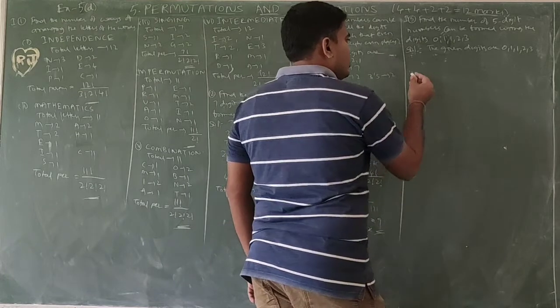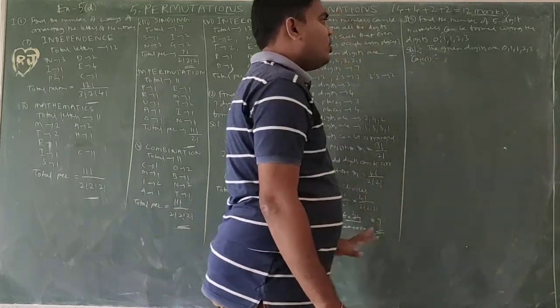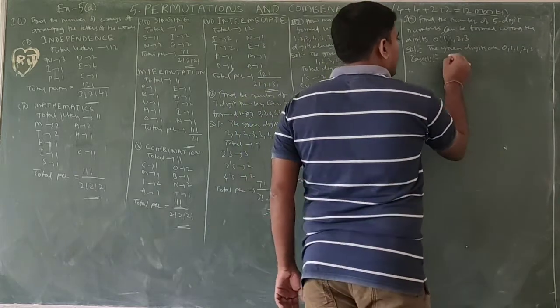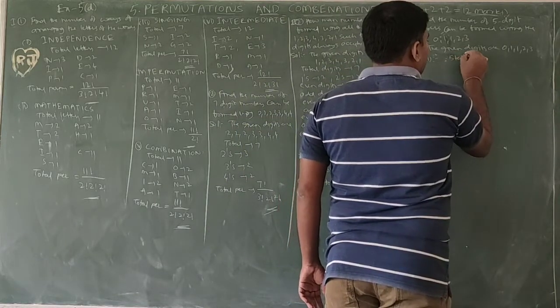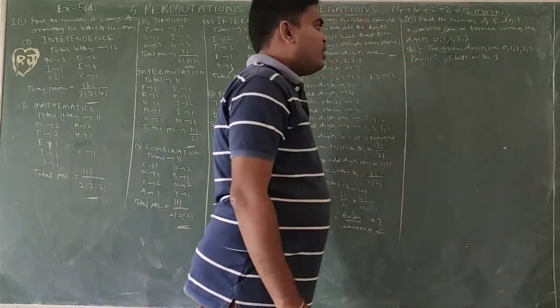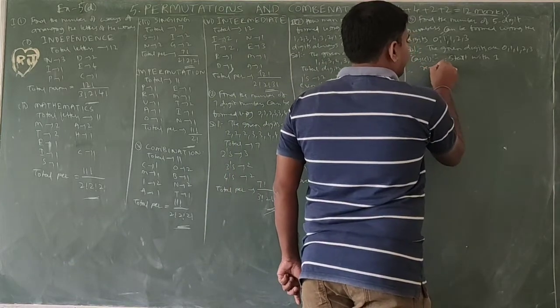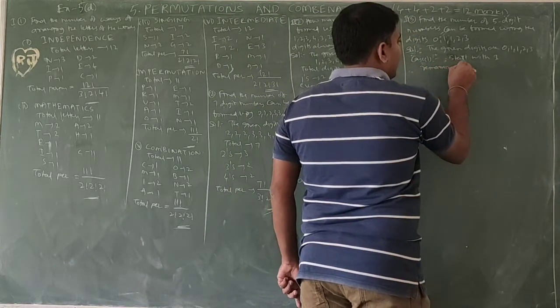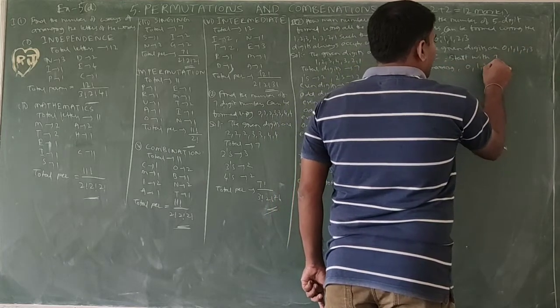So there exist two cases. Case 1, the number starts with 1. If it starts with 1, the remaining, if one of them is already chosen, are 0, 1, 2, 3.